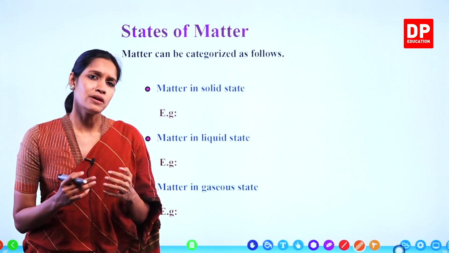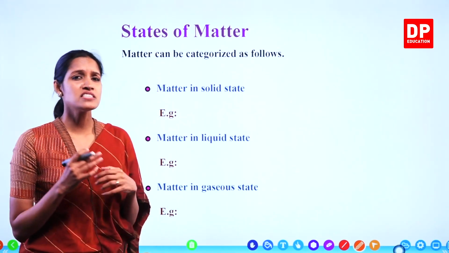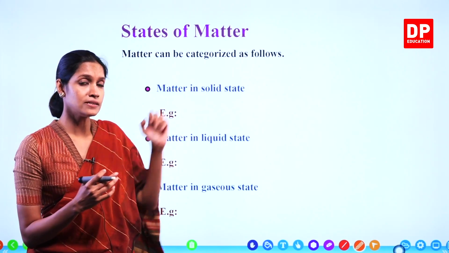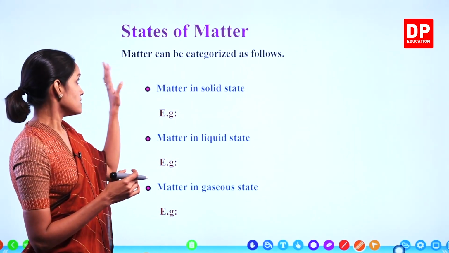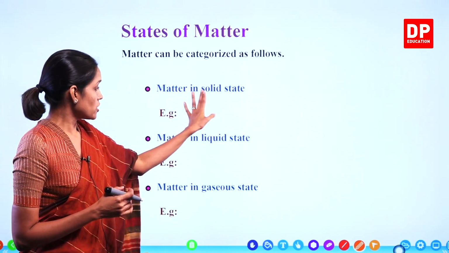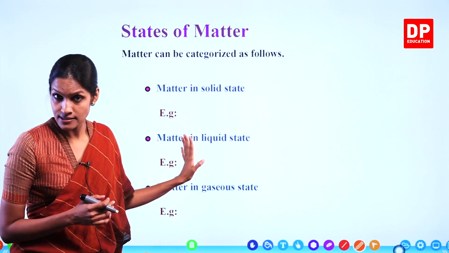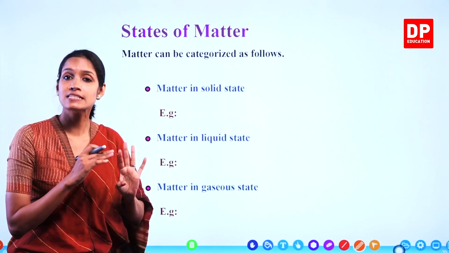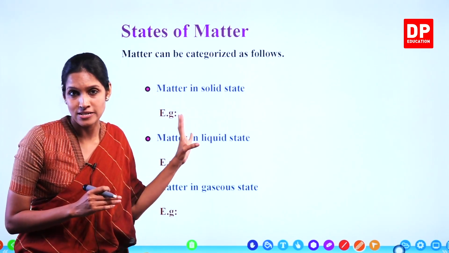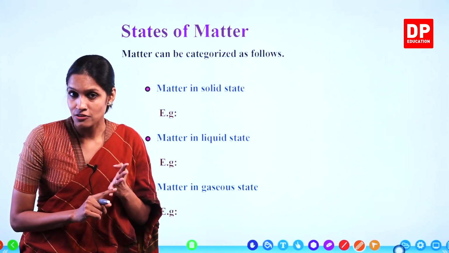So do you remember in the beginning of the lesson I told you this matter has different forms and they are known as states of matter. Remember, children, there are 3 states of matter, that is solid state, liquid state and gaseous state. Right? Or very simply, solids, liquids and gases are coming under states of matter. So what are we going to learn here? What are the states of matter?